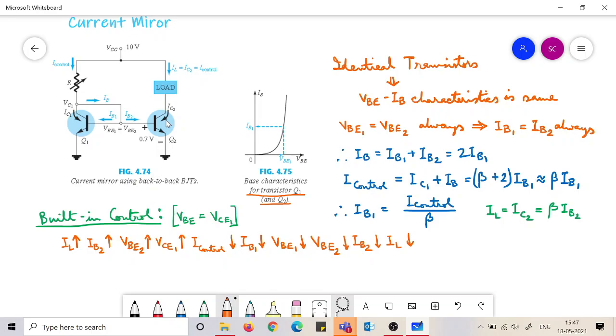So if for some reason, due to some fluctuation in the load, IL tries to increase, then the configuration itself will act in such a way that it will pull down IL to whatever value it was having. So there is an inherent feedback control acting in this configuration.